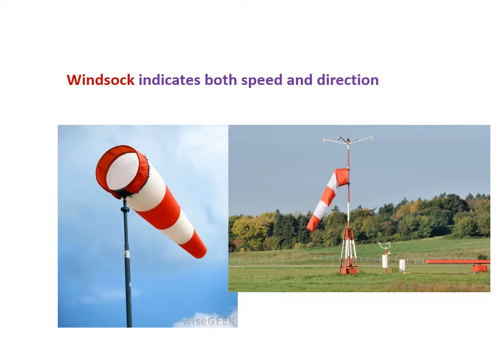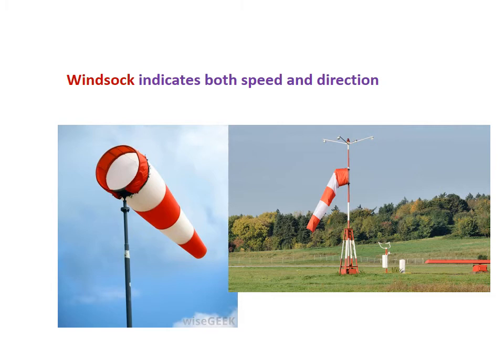Actually, a windsock is nothing but a metallic ring, to which is fixed a cloth sleeve with different colors at definite intervals. Now, what exactly is the windsock meant for? It is meant for measuring both wind velocity as well as direction. Maybe it is better to call it wind speed rather than velocity.